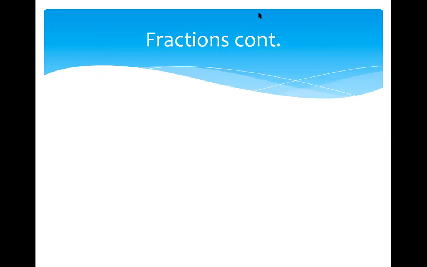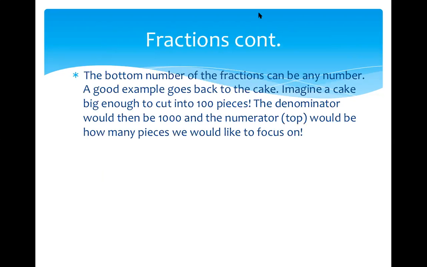All right. So as you can see, the bottom number of the fractions can really be any number. A good example goes back to the cake. Imagine a cake that was big enough to cut into 100 pieces. The denominator would then be 100, and the numerator on the top would be how many pieces we would focus on.